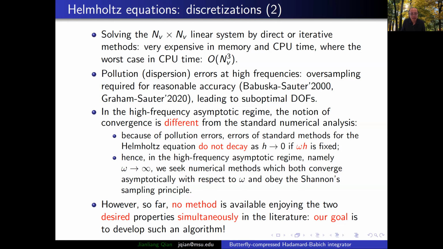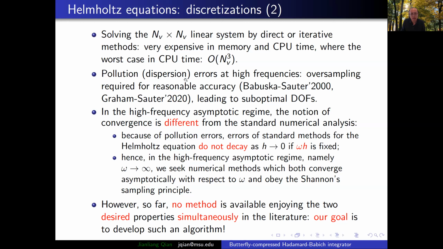Now in the high frequency regime, our convergence will be measured in a different way. Because of the pollution error, for standard methods for the Helmholtz equation the error does not decay as h goes to 0 if omega h is fixed.